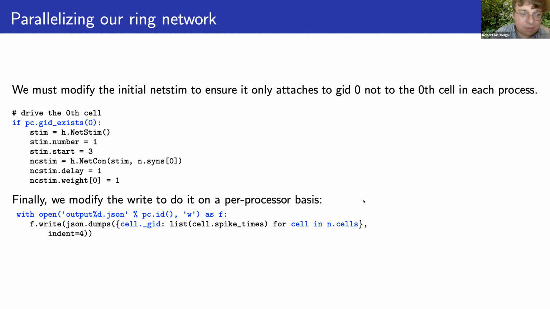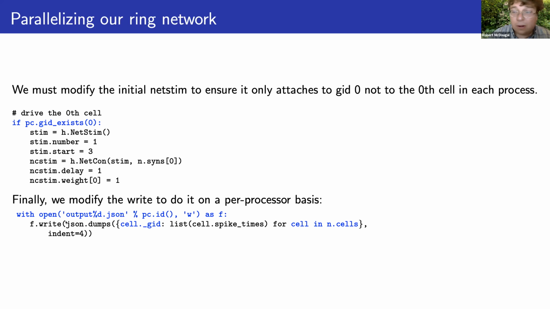If we want to actually write our data, we don't want to dump to output.json, because now, for example, our 0th processor might generate one set of outputs. Our processor number 1 is going to have a different set of outputs. So what we can do, and this is again not using the f-string syntax, is another way of putting the processor identifier into the location.